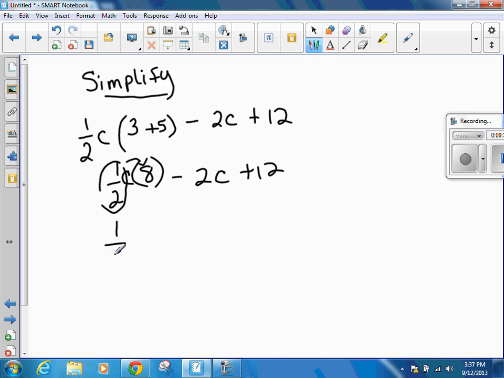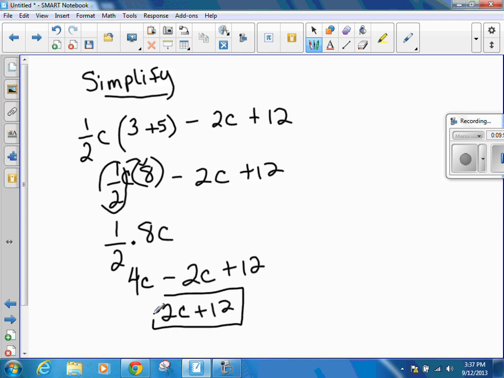So really it's just going to look like this, 1/2 times 8 times c, okay? I really just moved stuff around. 1/2 of 8 gives me 4, okay? So I have 4c. I'm going to bring down my minus 2c and my plus 12, okay? And I have 4c minus 2c, which gives me 2c plus 12, and that's going to be my answer.